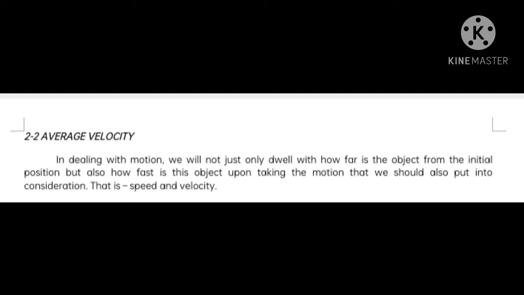So average velocity means in dealing with motion, we will not just focus on how far the object is from the initial position, but also on the speed of the object upon taking the motion, and we consider the speed and the velocity.